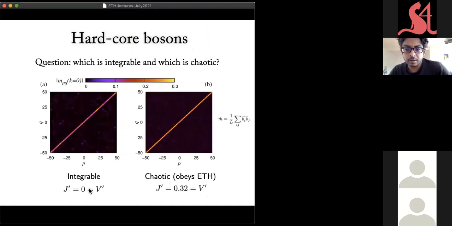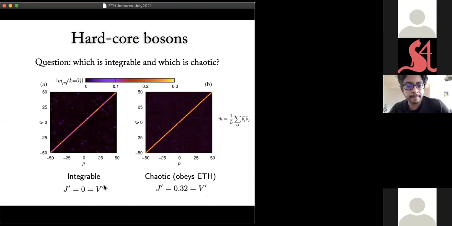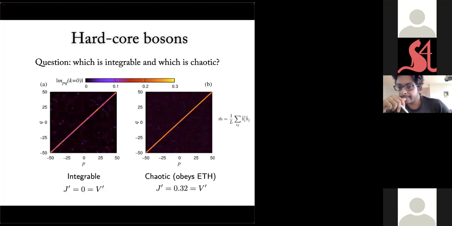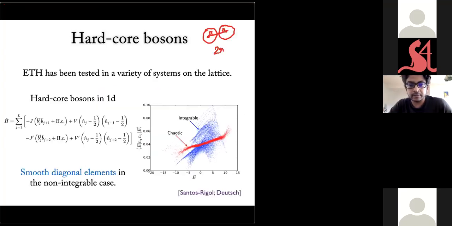Any questions? Yes, Pratik. If we take any boson system and we take the potential to infinite, then it becomes a hardcore boson in some sense. Yes, that is in the classical case. To be precise, let's call the radius a.